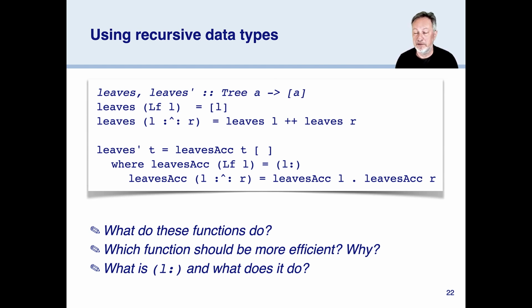Either the tree is a leaf node or it's a complex tree. For a leaf, we simply return the list containing L. So a tree consisting of a single leaf with the value L in it will give us the list containing L. If, on the other hand, I have a complex tree with a left and a right subtree, in order to compute the list of all the leaves, well, we apply leaves recursively to the left-hand subtree and the right-hand subtree, and we concatenate them with the plus operator over lists.